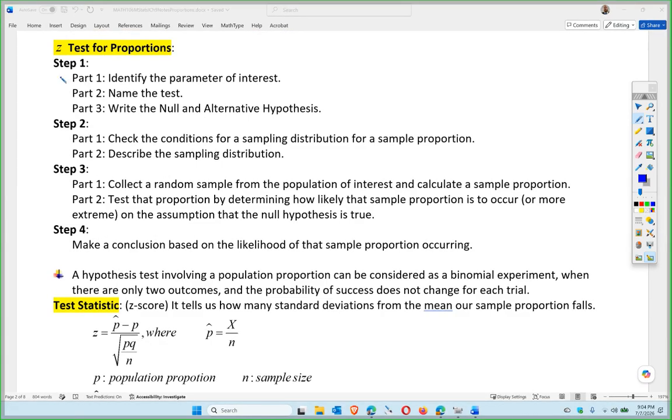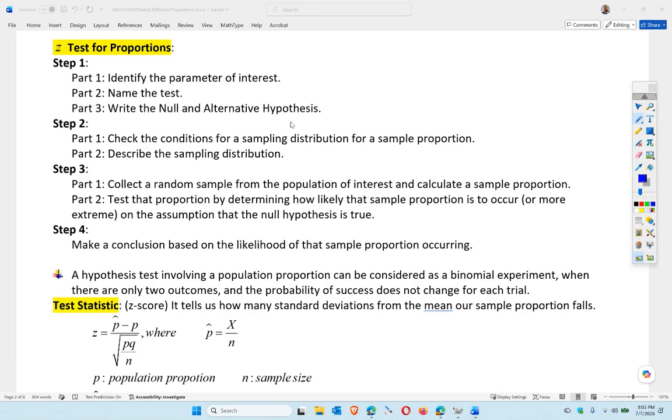Identify the parameters, name the test, and write the hypotheses. Check the conditions to see if the sampling distribution can be done, and then describe the sampling distribution. Collect random samples of the population, do the tests, and make conclusions. Those are the 4 steps, essentially.